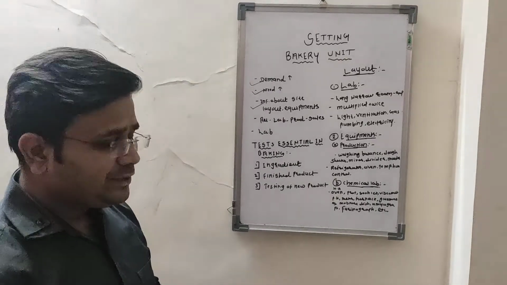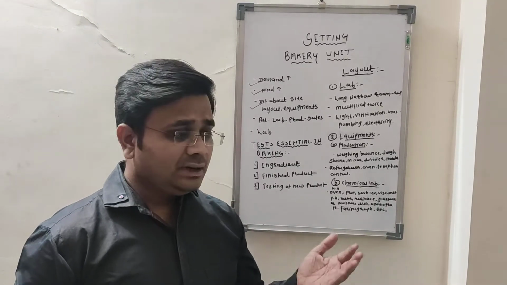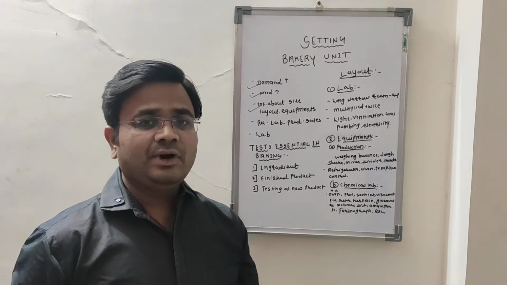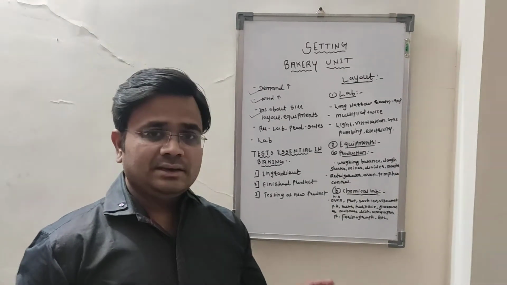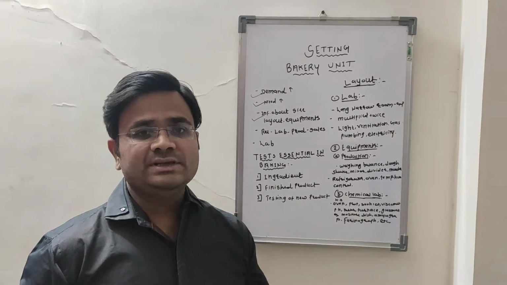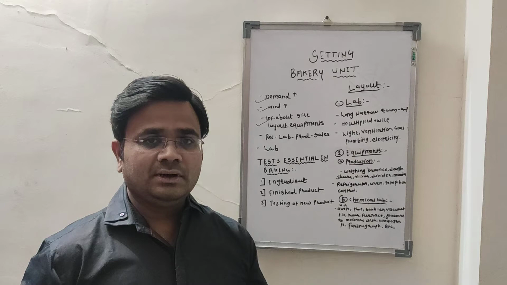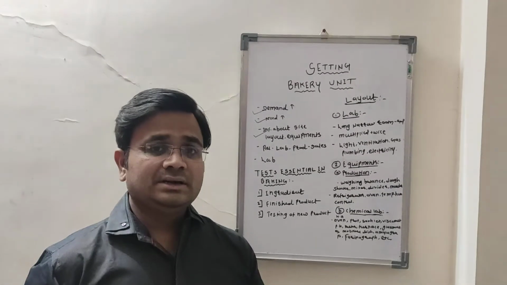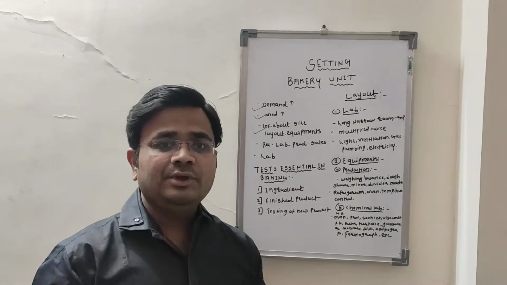Then you must know the relation between your lab, production, and sales. For example, there is a production of a product in the bakery, for example cookies. The connection of production with quality control starts from the receiving of the raw material.